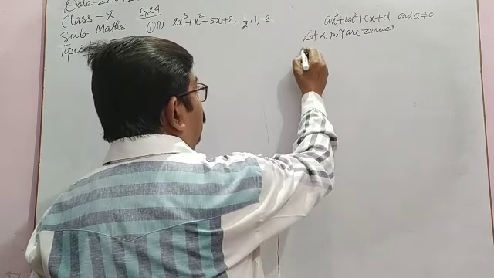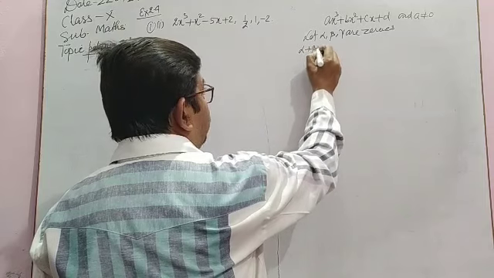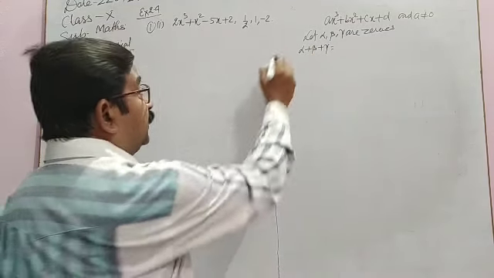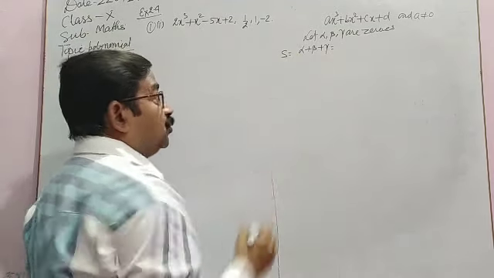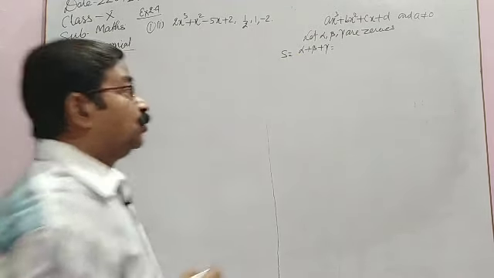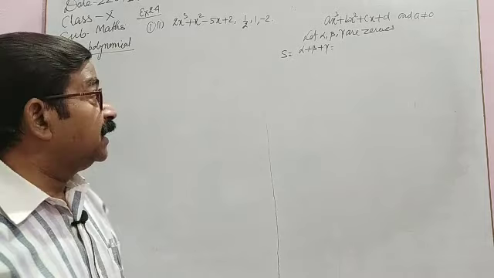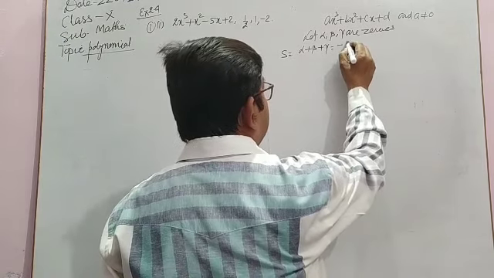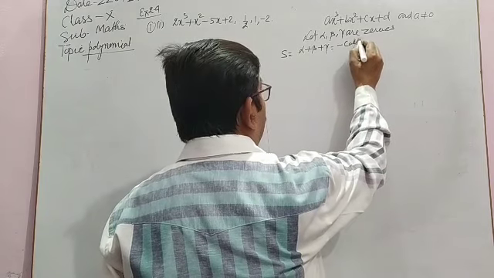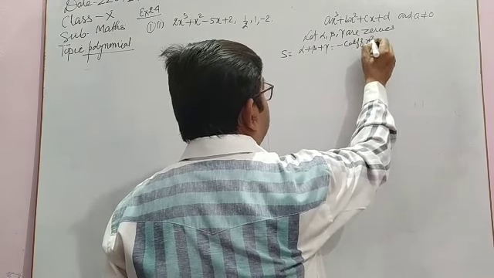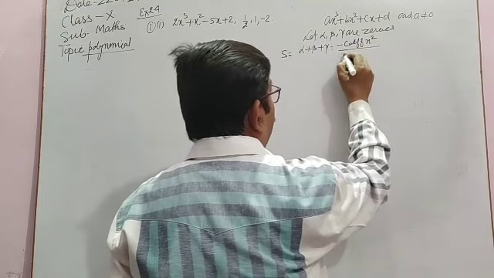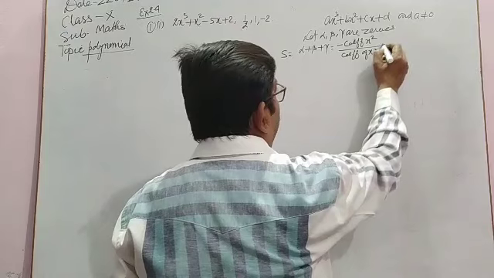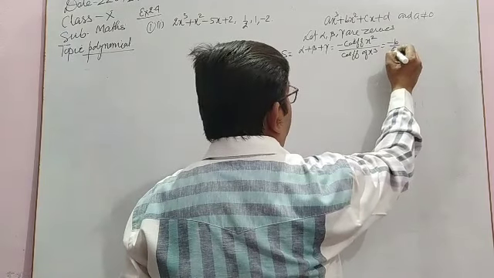So first of all, alpha plus beta plus gamma, the sum of zeros, is equal to minus coefficient of x square upon coefficient of x cube. This is minus b upon a.